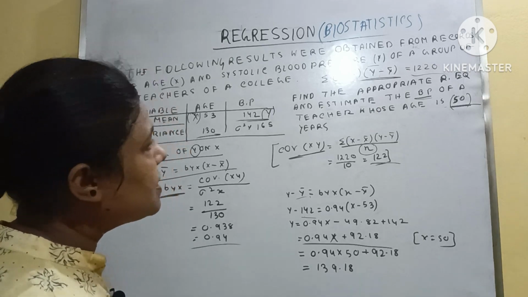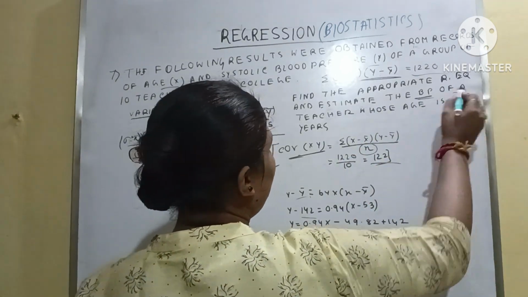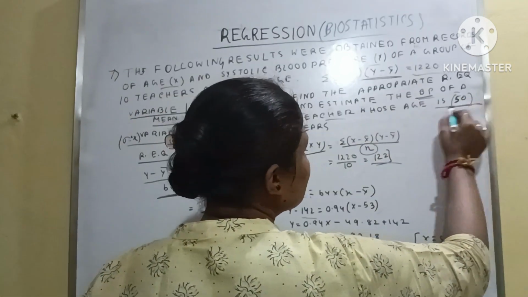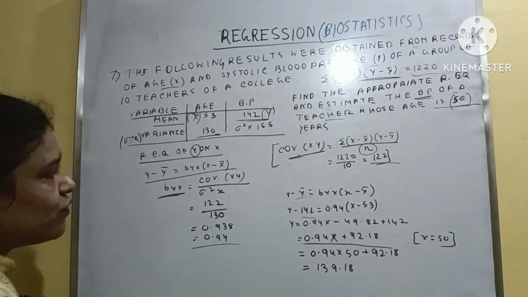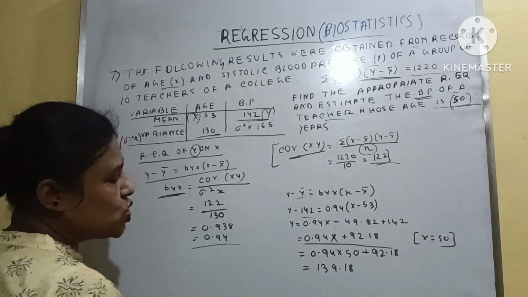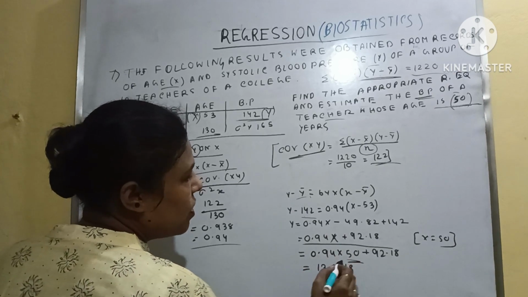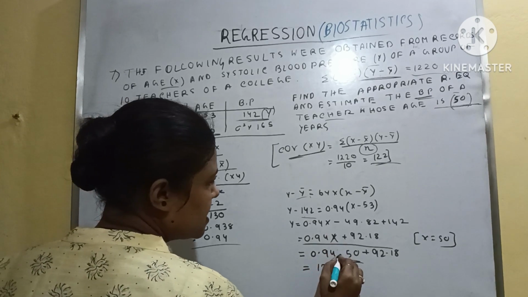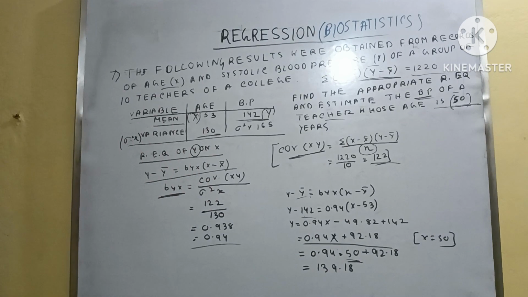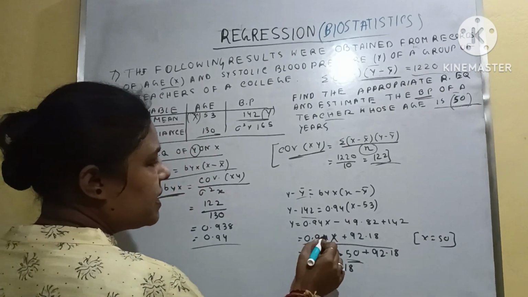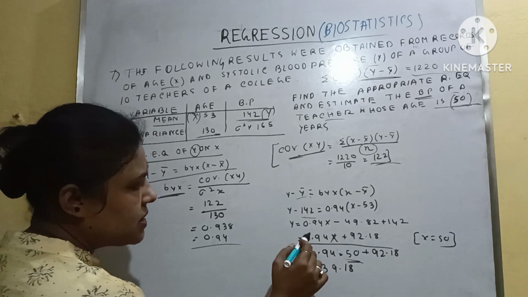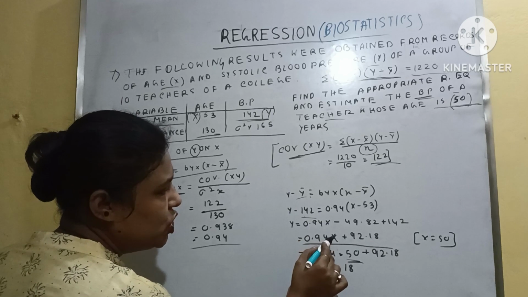Now we have to find out another thing, that is the blood pressure of a teacher whose age is 50. That means age is the variable x, so the value of x is age. So just putting the value of x. What is the value? You can properly understand that it is 0.94 into x.